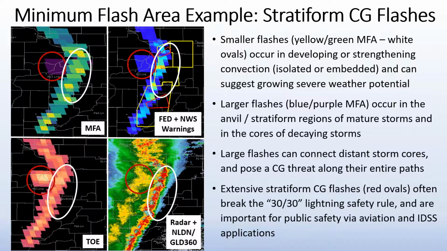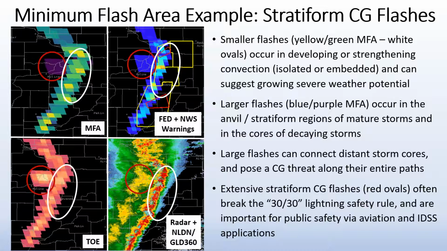So from that same QLCS, there's actually one of the other examples that we talked about earlier. So we noticed, yeah, in the white ovals, we do have our smaller MFA values. That's where we've got our higher FEDs. We've got more frequent, smaller flashes occurring. And that's in our strengthening or mature convection, either isolated or embedded, and that can suggest a growing severe weather potential.